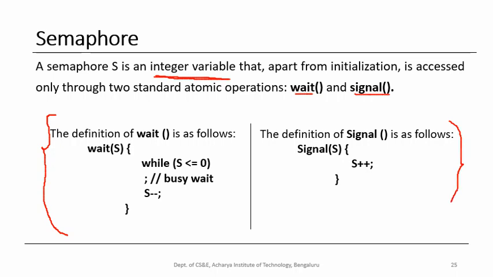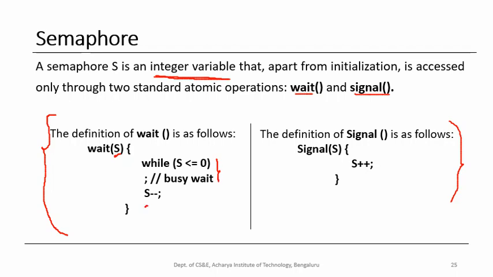Wait is an operation performed on the semaphore. Here, this S is a semaphore. It checks the value of the semaphore; if the value is less than or equal to 0, that means if it is negative or equal to 0, it does nothing.